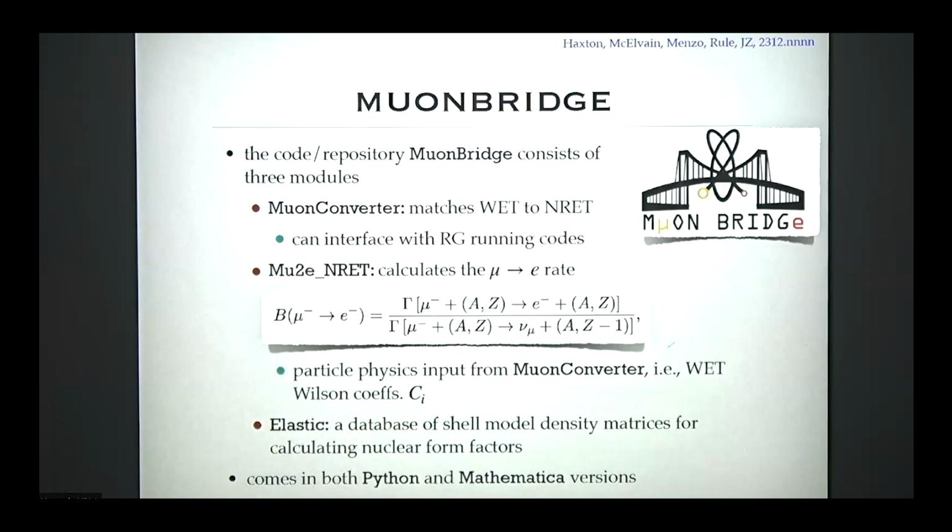The mu to E NRET calculates the conversion rate normalized to the capture. The particle physics comes from the muon converter: you put in the Wilson coefficients and it spits out the rate, and it reads in the nuclear physics from the elastic repository. All right, it comes in both Python and Mathematica versions.